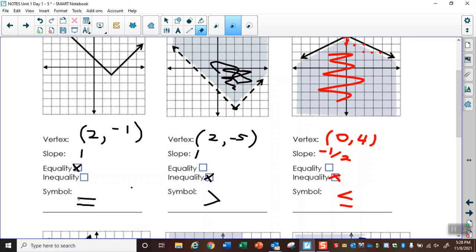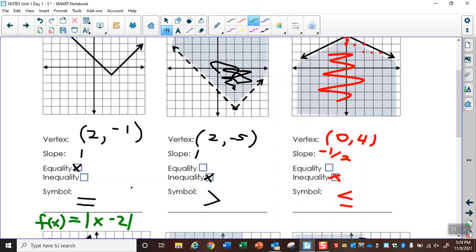So if I'm doing the function here, I'll do this in green. f of x equals, and my slope is 1, so I'll just say the absolute value of x, and then it was shifted to the right 2, so that's going to be x minus 2, and then it went down 1.